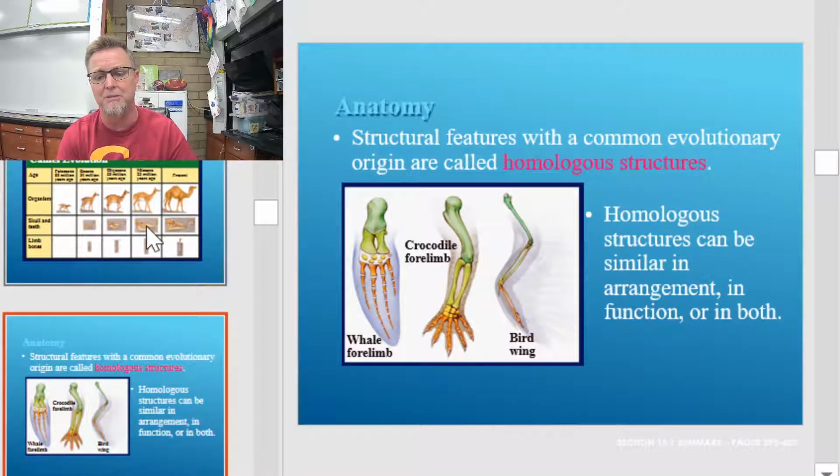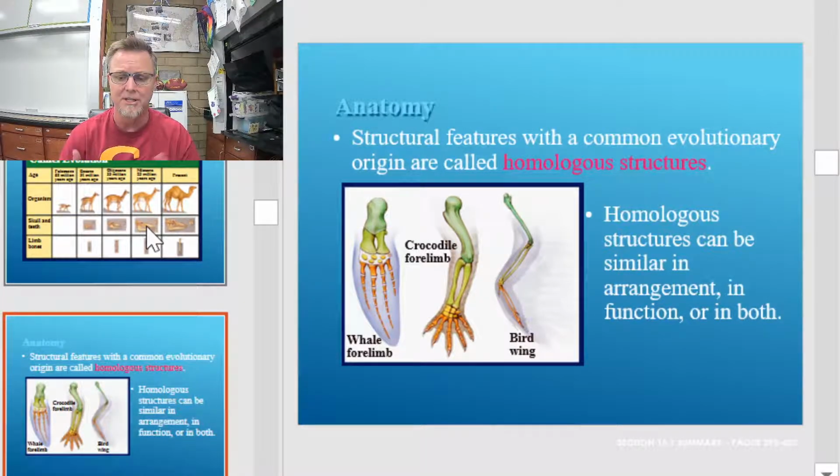So in this picture, we've got a whale forelimb, crocodile forelimb, and a bird wing. They all have the same basic hand-like structure that you and I have. There's fingers, there's the back of the hand, there's a forearm, all that kind of stuff. So that's common evolutionary origin.